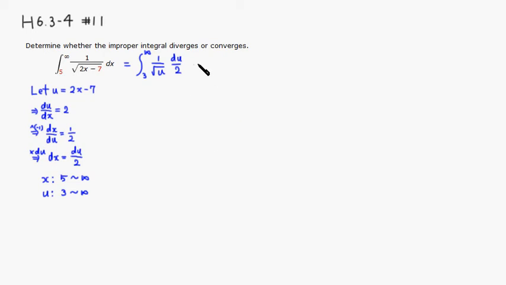The 1/2 is just a constant, so I'm going to kick this constant out and put 1/2 in front. Then you have an integral from 3 to infinity. I don't like a fraction or a square root, so I'm going to write it as u to the negative 1/2 power, since u is sitting on the bottom, so it's a negative power, and the square root makes it a 1/2 power. Then you have a du.